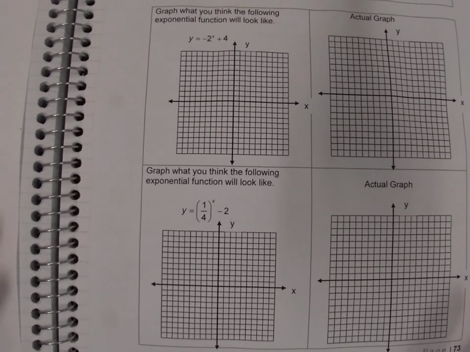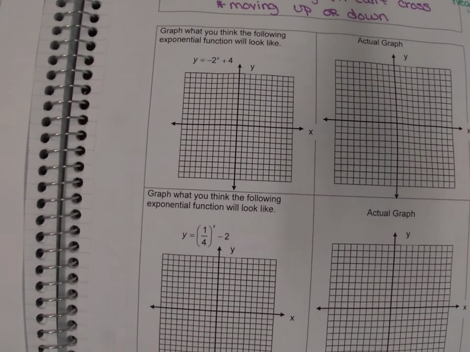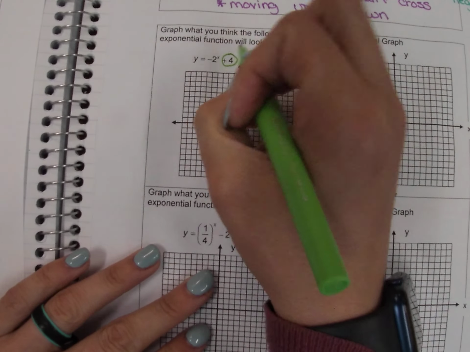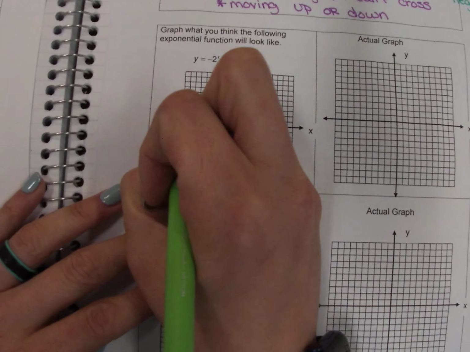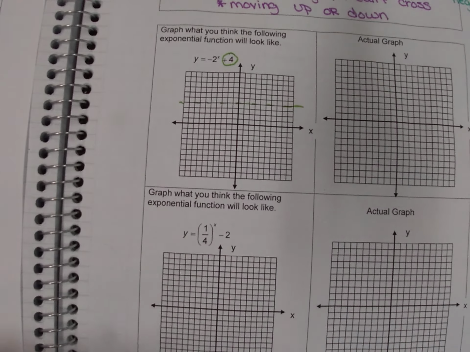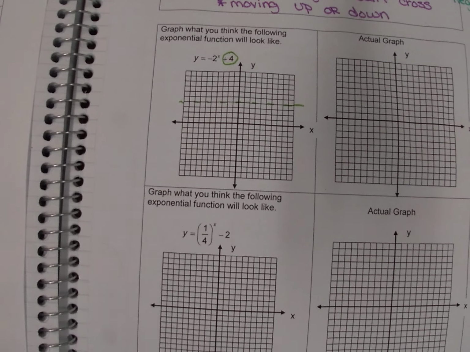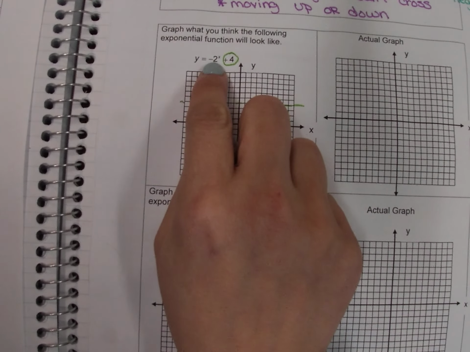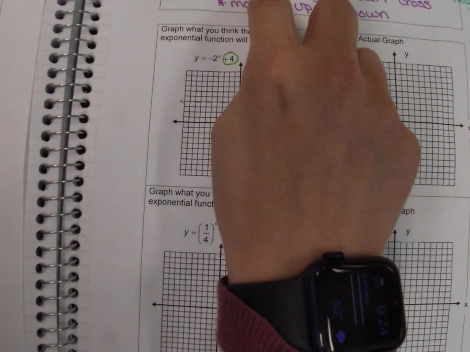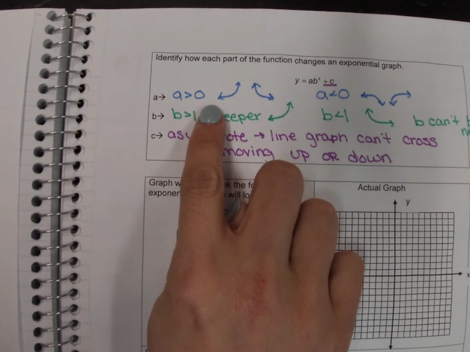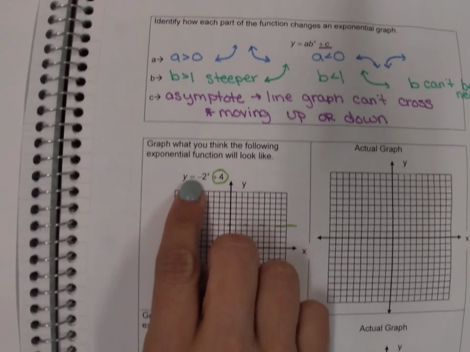Once we know that information, we can then predict what a graph would look like. We know that this is our asymptote, which means it's shifted up 4, so we need a graph that can't cross that line. We know our B value is 2, which is greater than 1, so we're going to have this motion, but on the underneath side because A is negative.